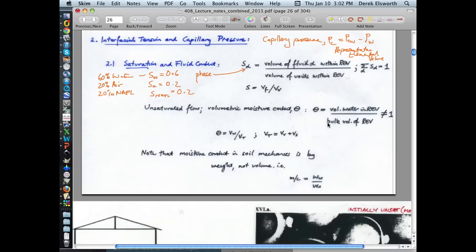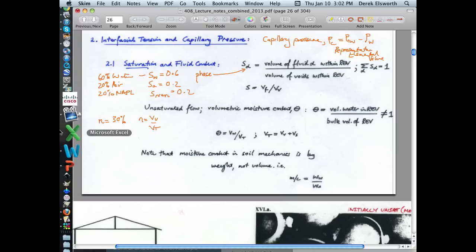And so if the porosity is equal to 30%, so you all know what porosity is, right? Porosity is equal to the void space divided by the total volume of the soil cube that you have. So everyone knows these definitions? Not know them? Yeah.